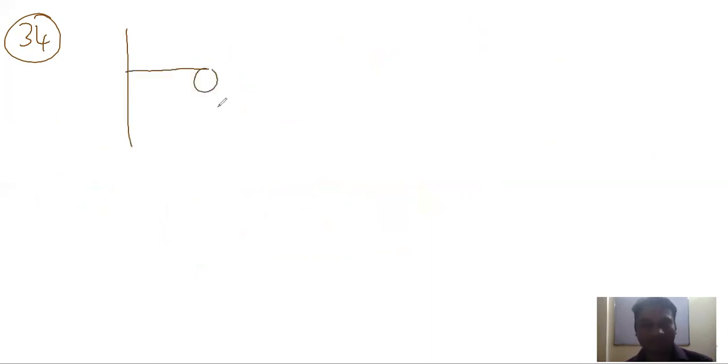Now, moving on to our next question, which is illustrative example 34. In 34, we are given a diagram, which is something like this. We have a block M2 here, and this is connected to a wall here.